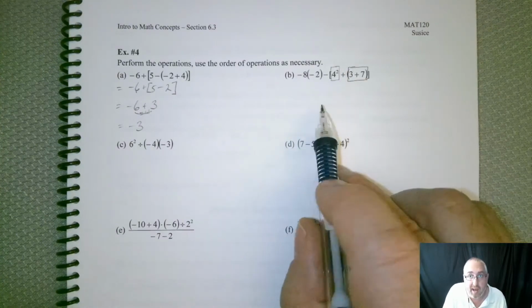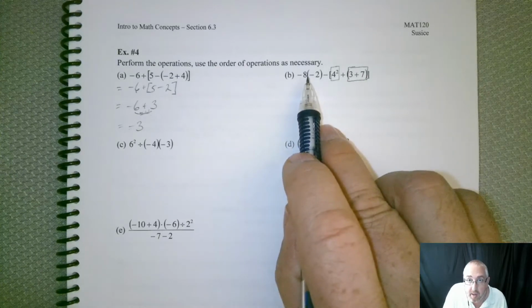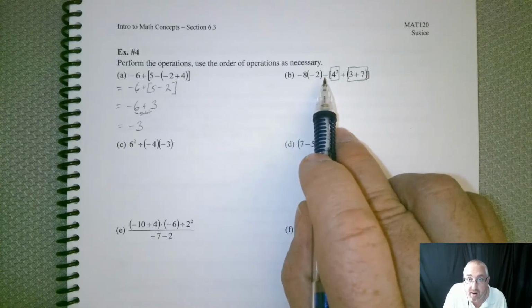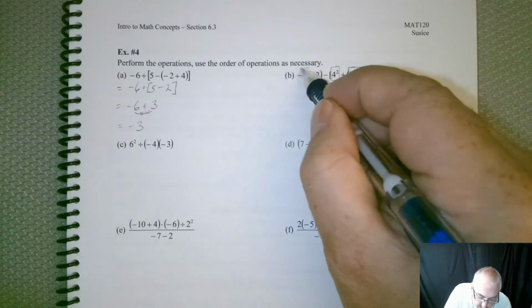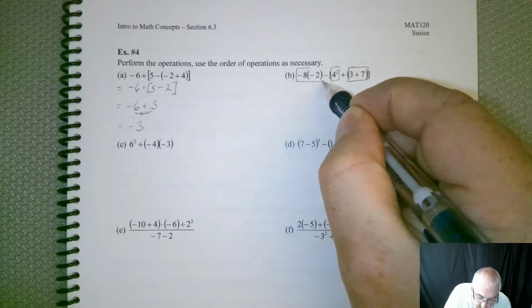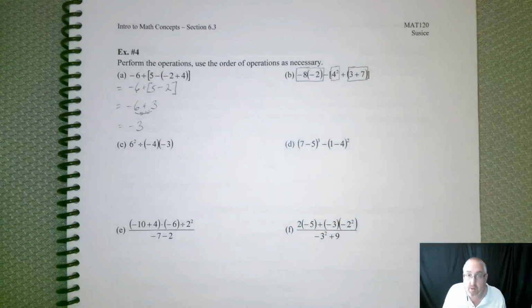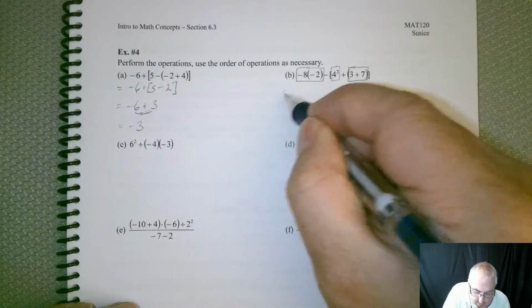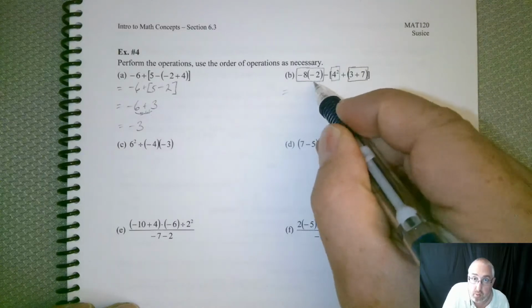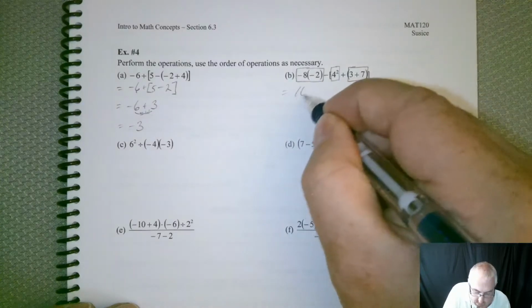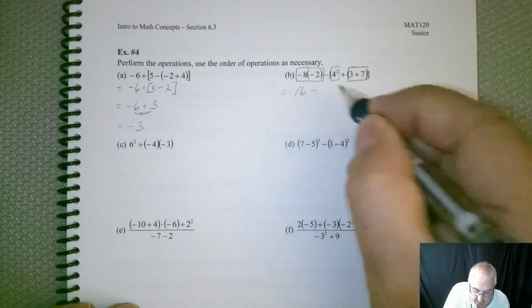Well, the answer is yes, because we're multiplying here, but then we have subtraction there. So we should be good to do this multiplication. So there are three things we can do to get the ball rolling. Now, -8 times -2 should be positive. It's positive 16. We have that minus sign.